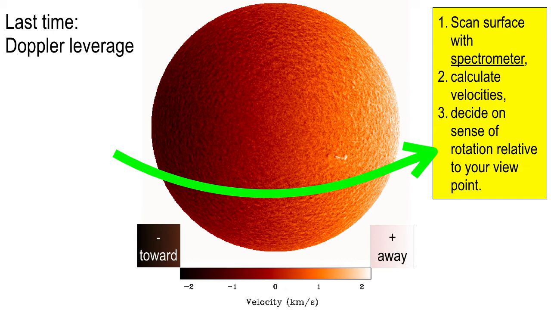But then right here in the middle, where you have 0, that's the orange area of this chart. Right in here, it's moving left to right. It's not moving towards you, it's not moving away from you, it's going straight to the side. Right there in the very middle of the disk, you don't have any Doppler shift.